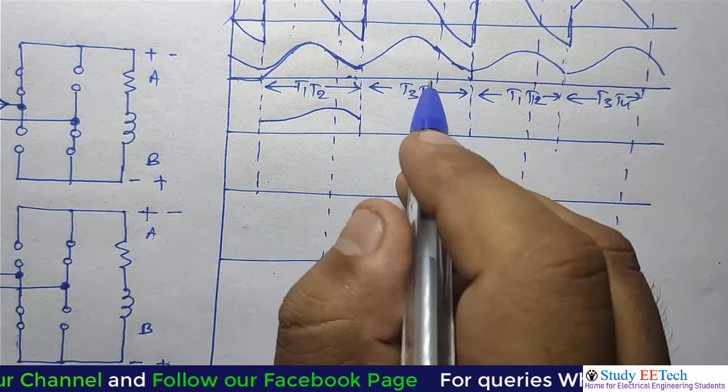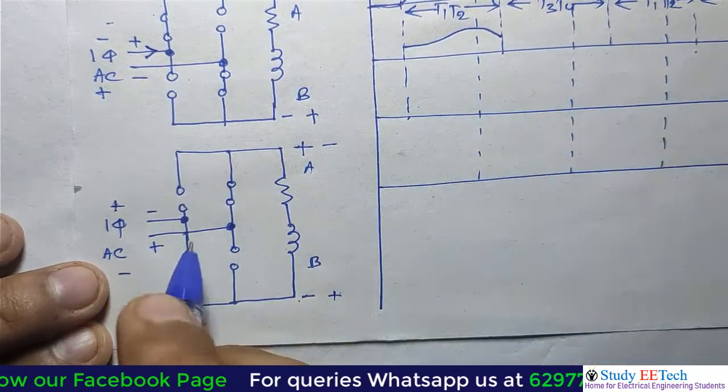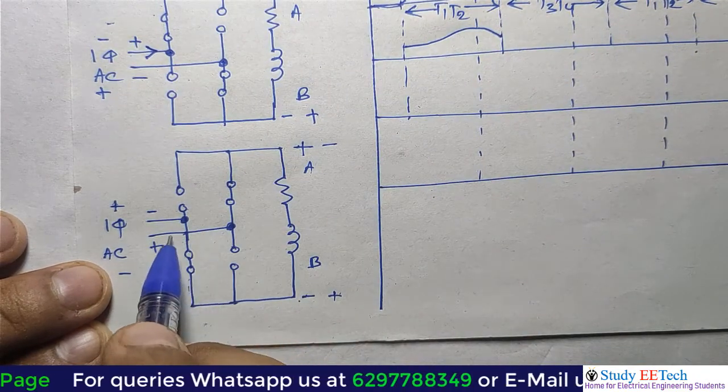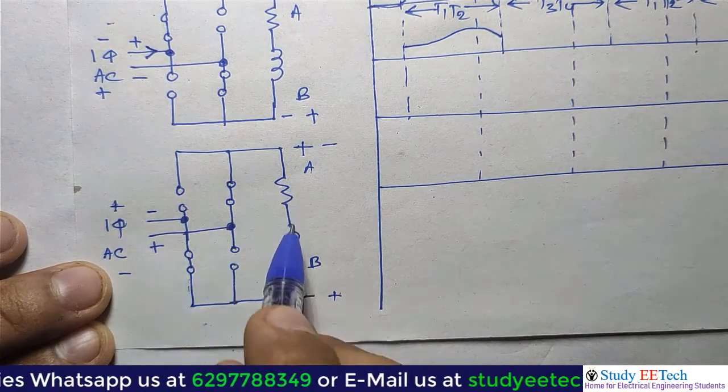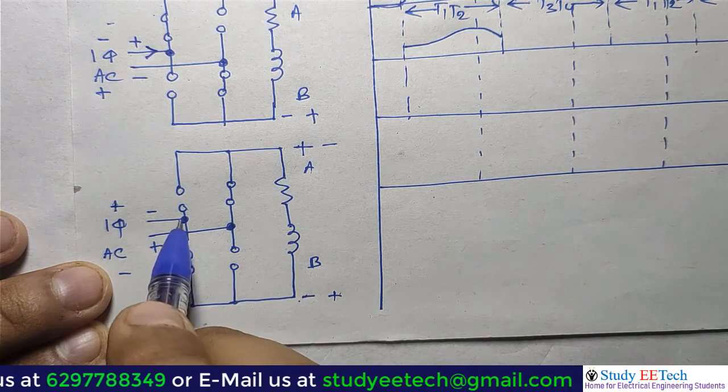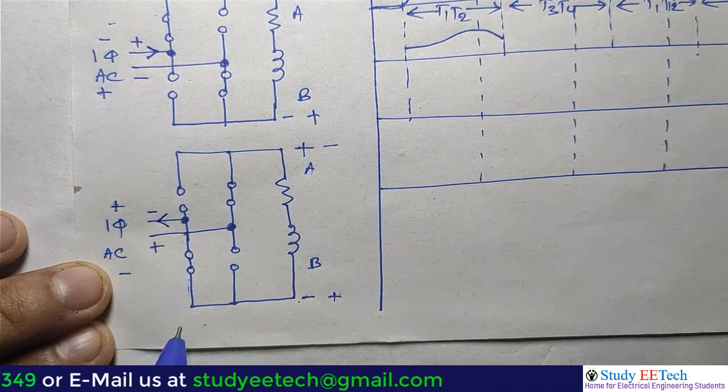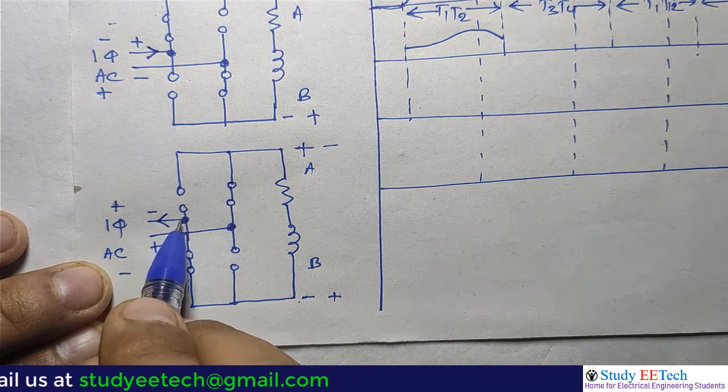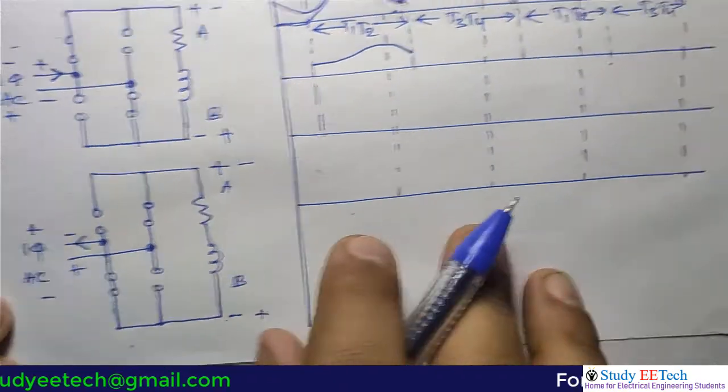Now when T3, T4 conducts, the equivalent circuit is this one. Now this positive voltage goes through this and comes back to the negative in this direction. So we are getting a current in the source side reversed.